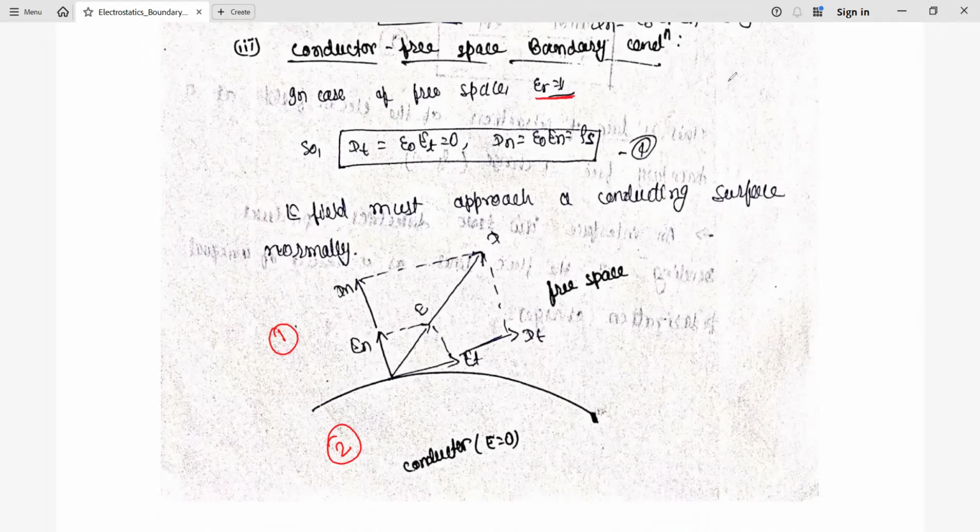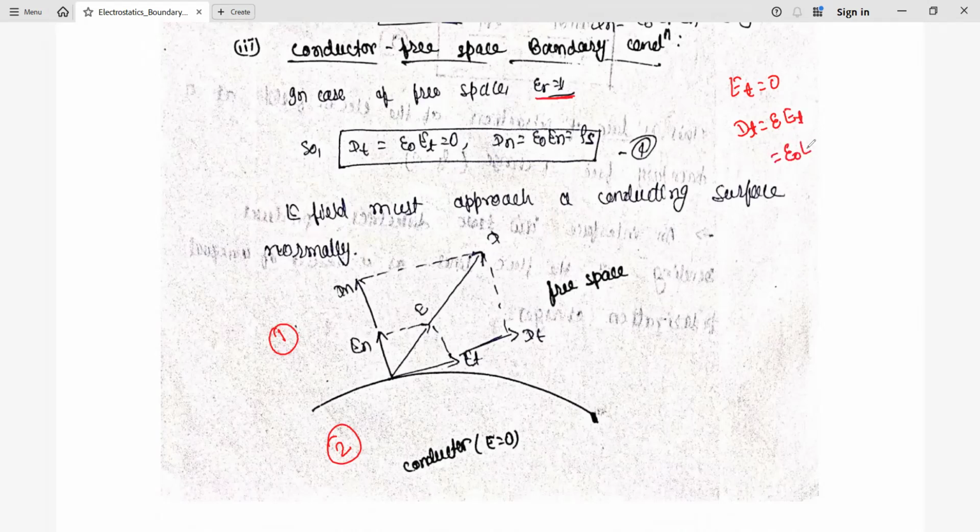So earlier in case of conductor and dielectric, what did we get? Et equal to 0. Okay. And there we have Dt equal to epsilon into what? Epsilon into Et. Here what will we get?